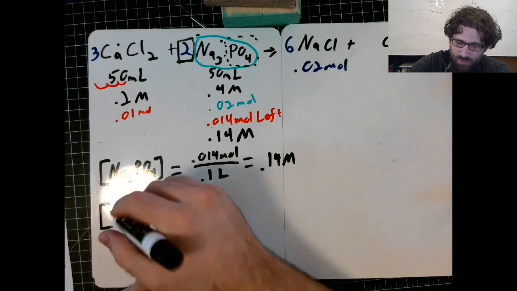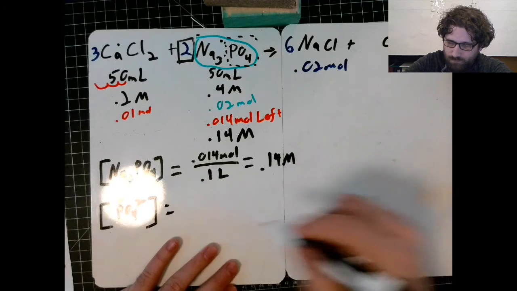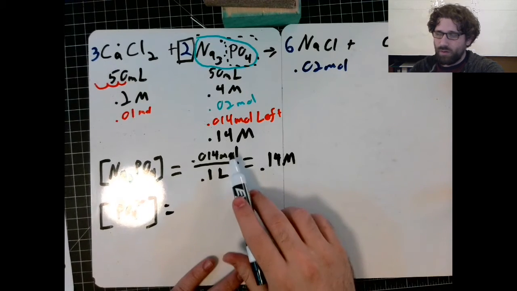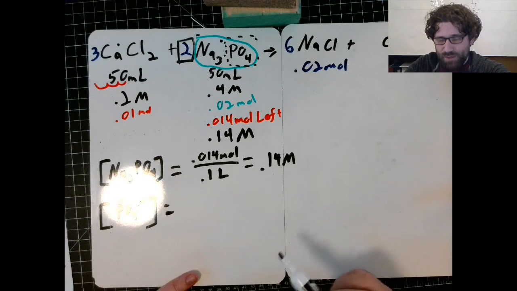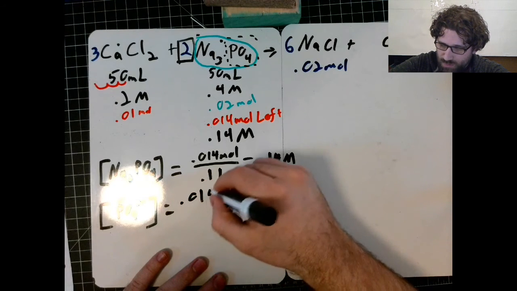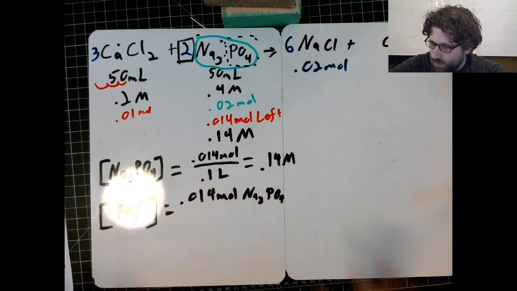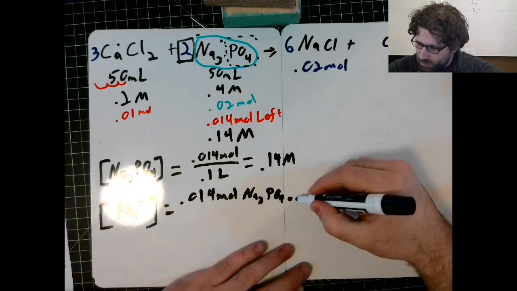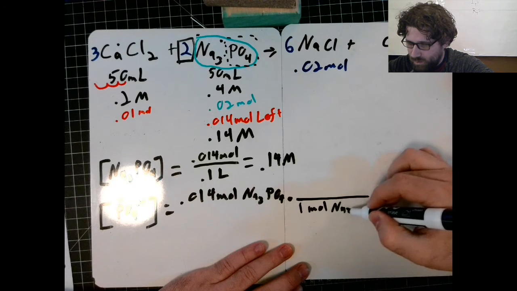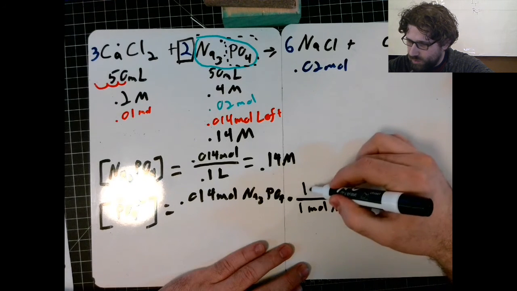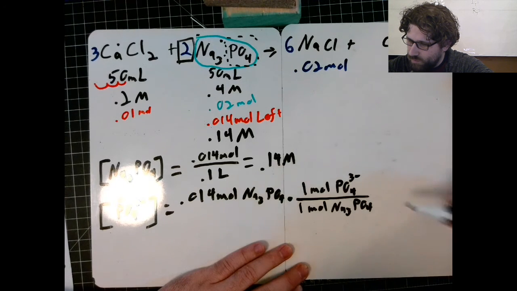Now my concentration of PO4 anions is going to be equal to this times the molar ratio between PO4 and Na3PO4. So I'm going to start with my 0.014 moles Na3PO4. So it's like we're doing a little mini stoichiometry. Times, for every 1 mole Na3PO4, I have 1 mole of PO4 3 minus.